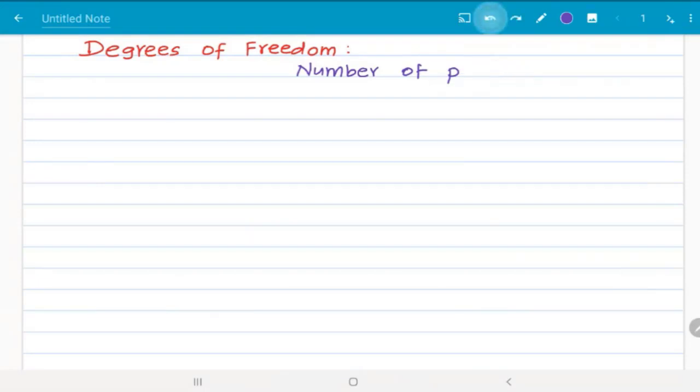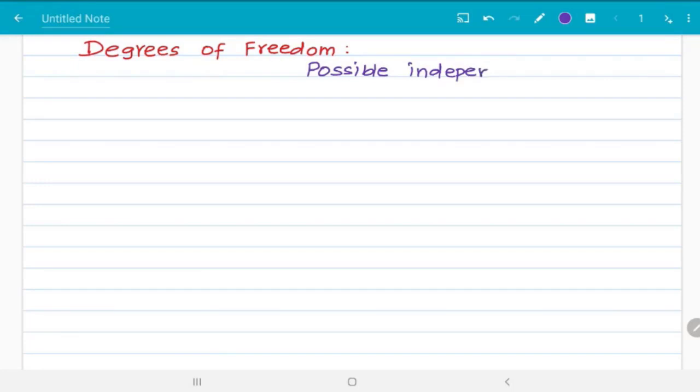Degrees of freedom are the possible independent motions an object can have.